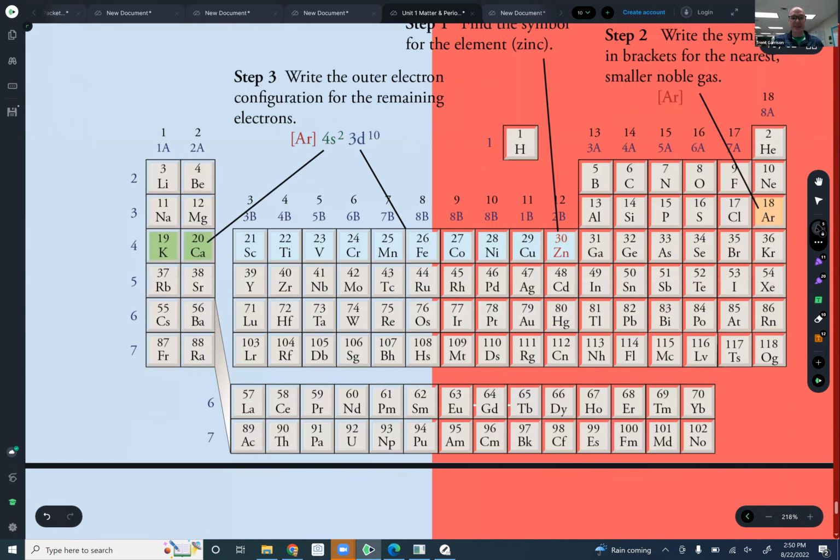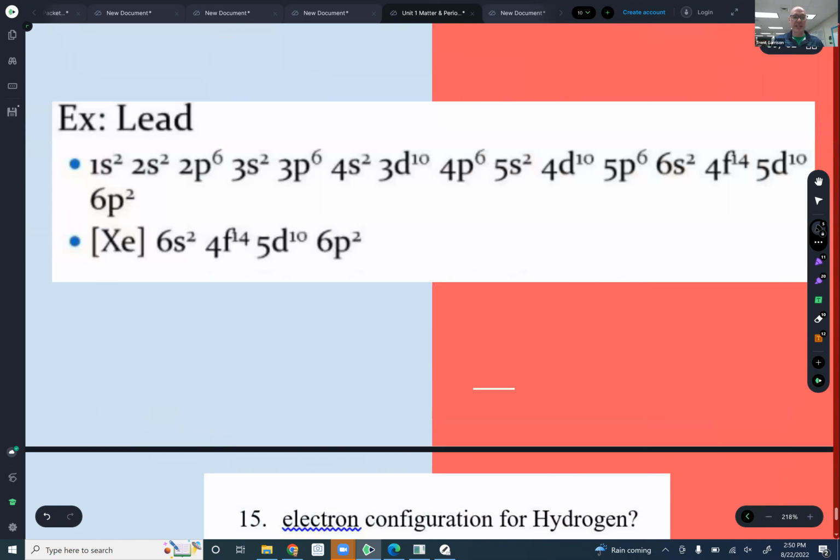All right, so now we are ready to understand something else. The electron configuration starts getting long, laborious, and confusing. So what we can do is truncate it. We can shorten it and make an abbreviation.